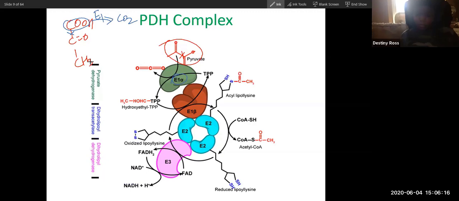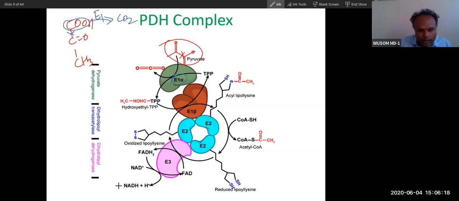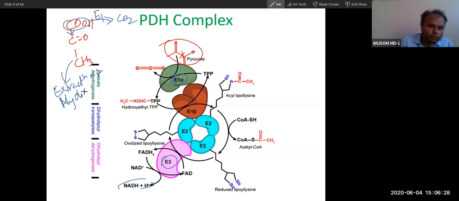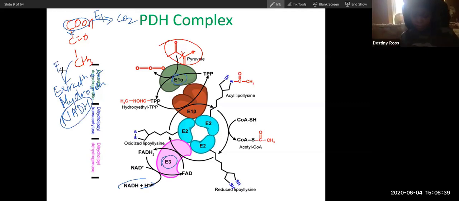Tell me. Now, the function of E3, if you can see here, is extraction of hydrogen or reducing equivalent in the form of NADH. Did you understand here? Can you see this? Yeah. This is E3.